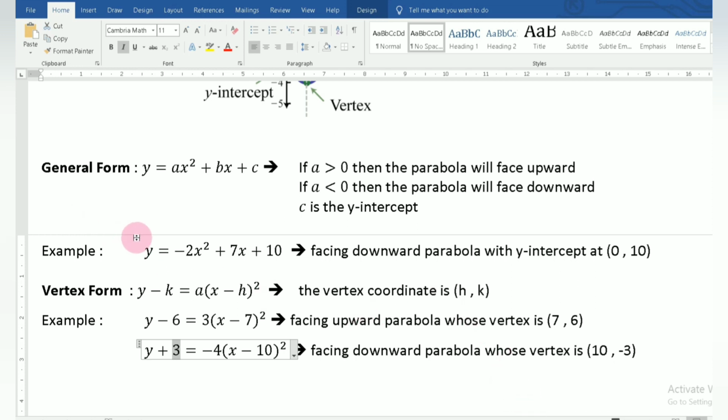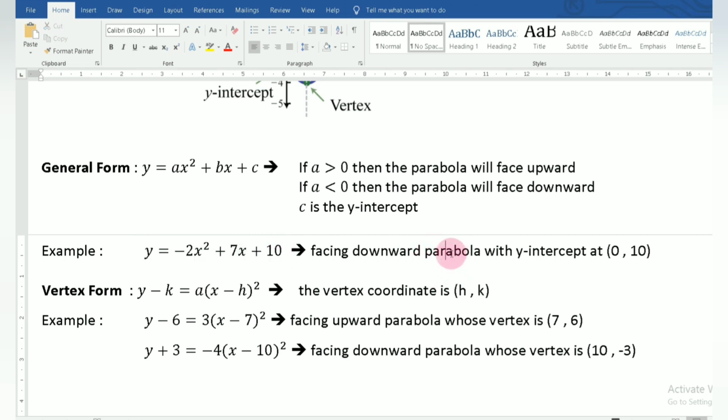Therefore, if I have an equation like this one, ax squared plus bx plus c, I can extract two big pieces of information here, but I cannot extract what the vertex is, right? So what is the vertex of this parabola? How do we find the vertex coordinates?